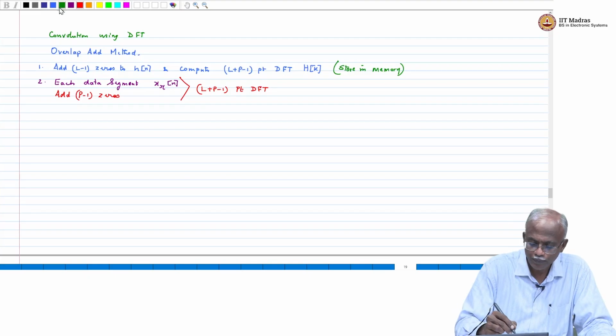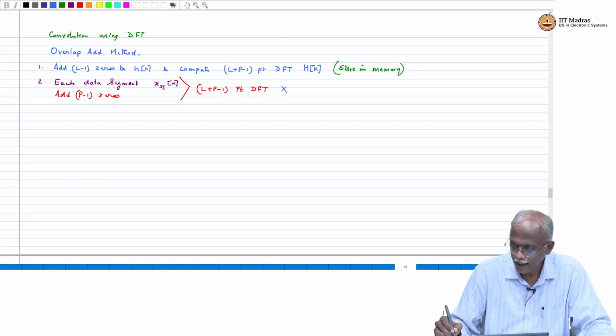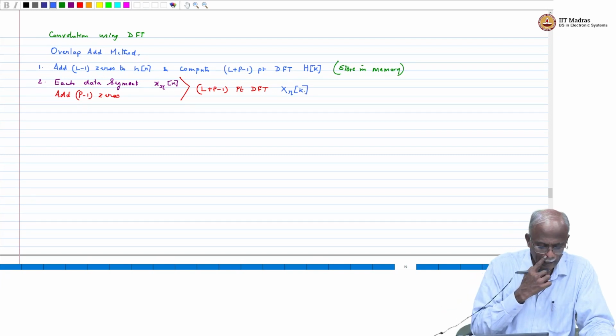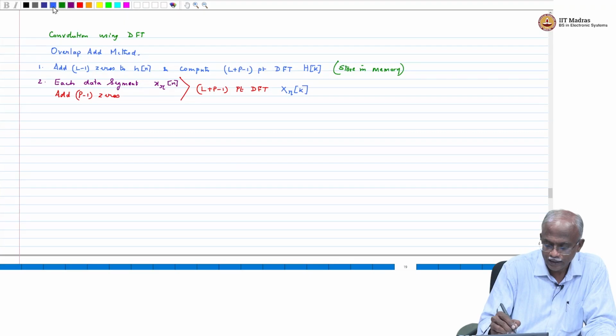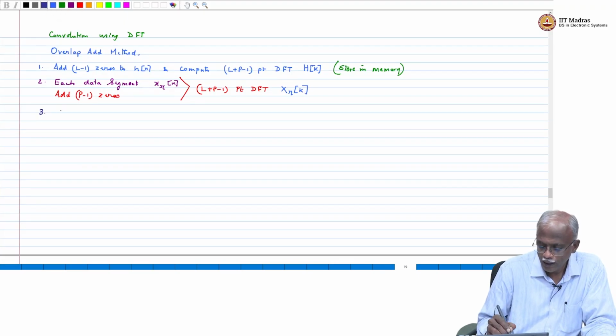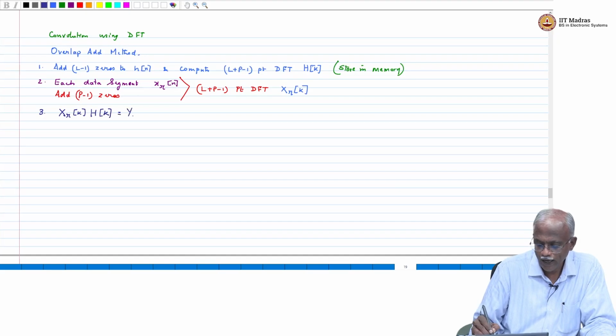Okay, this will be X r of k. Then step 3, we compute X r of k times H of k. We call that Y r of k.